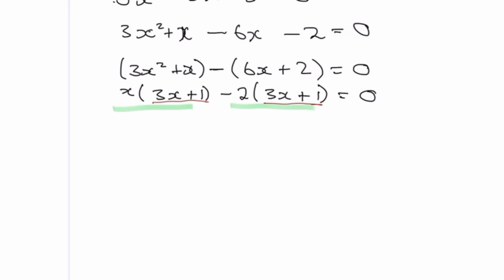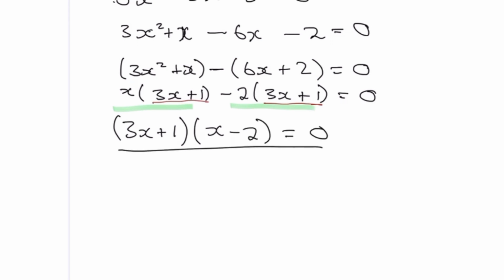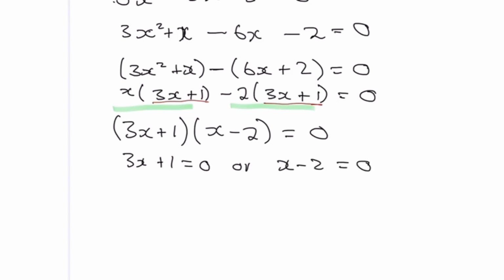We take out that common factor, 3x plus 1, inside the brackets, and then the first term divided by this factor that we took out leaves us with x. The second term, same applies, and we are left with 2, and this equals 0. For this to be true, either the first term 3x plus 1 equals 0, or x minus 2 equals 0.